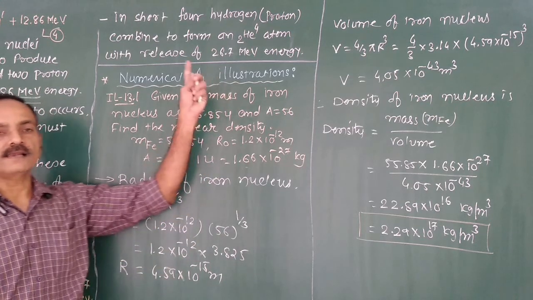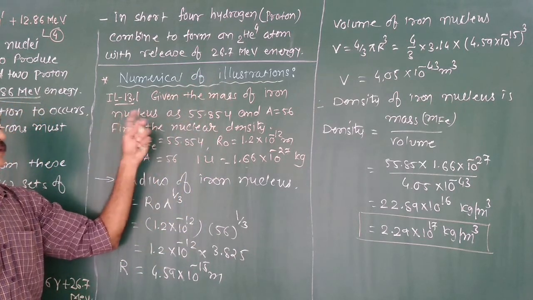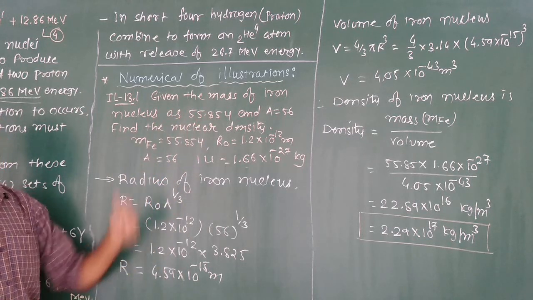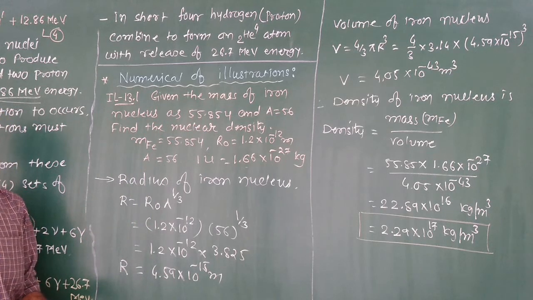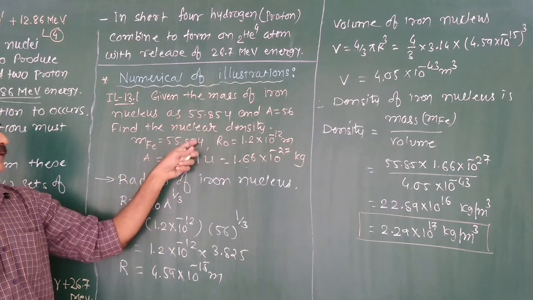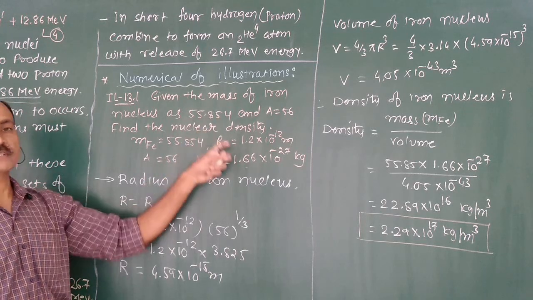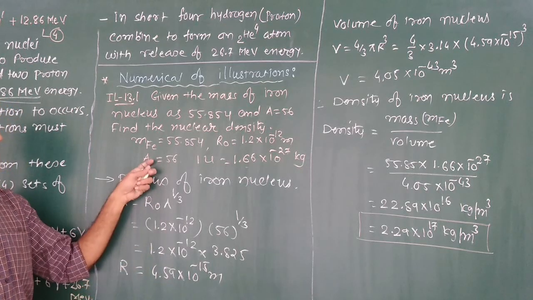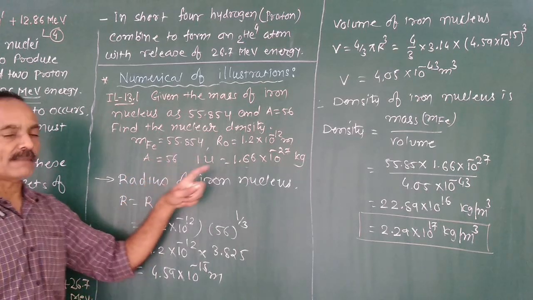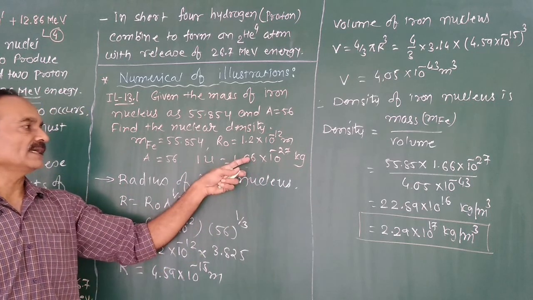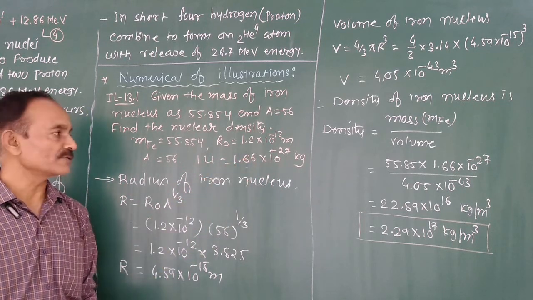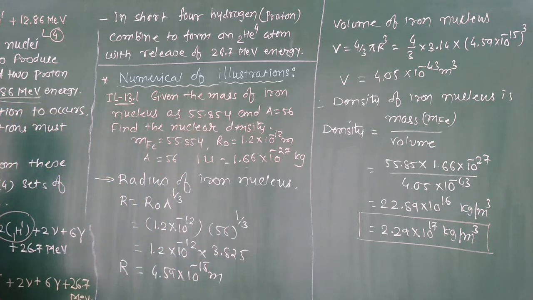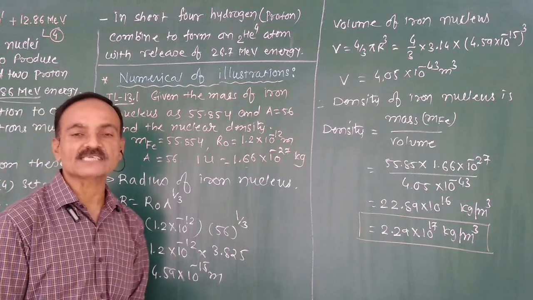Again, very easy numerical. Given the mass of the iron nucleus is 55.85 atomic mass unit and atomic mass number is 56, find the nuclear density. Here mass is given 55.85 atomic mass unit, constant R0, A is 56, atomic mass unit relate with the kg by this constant 1.66 into 10 raised to minus 27 kg. To find out the density, we know the equation of the density, mass per volume.